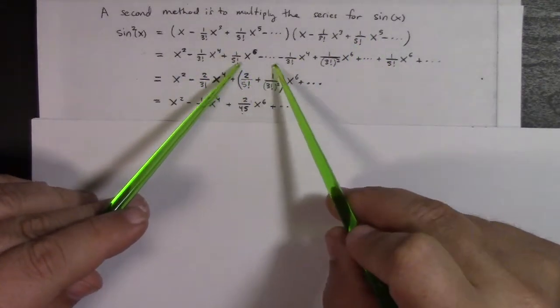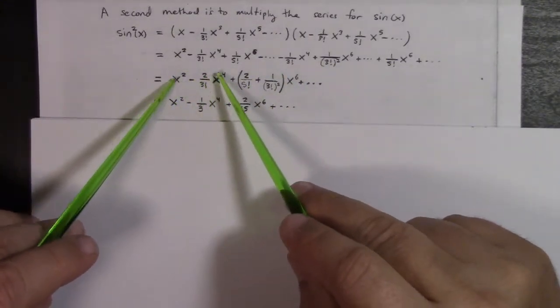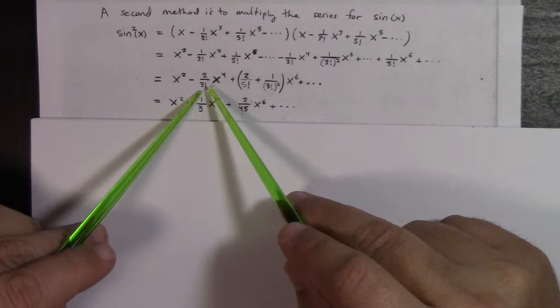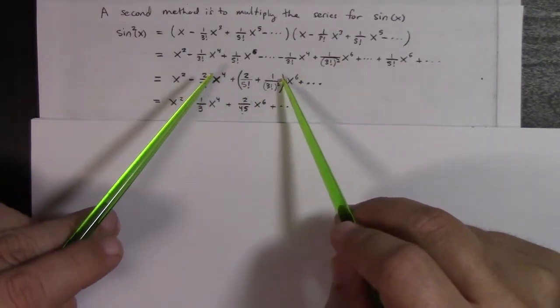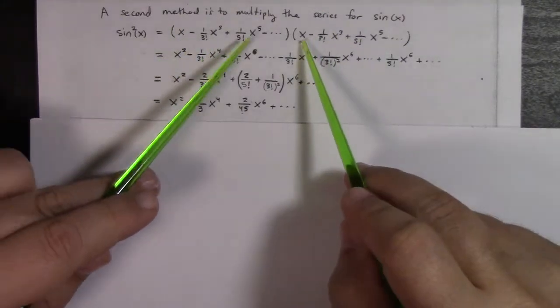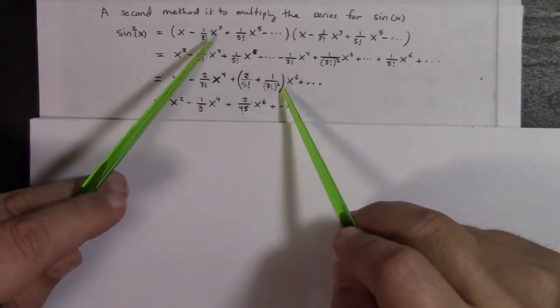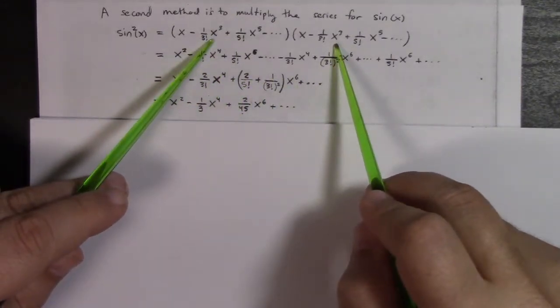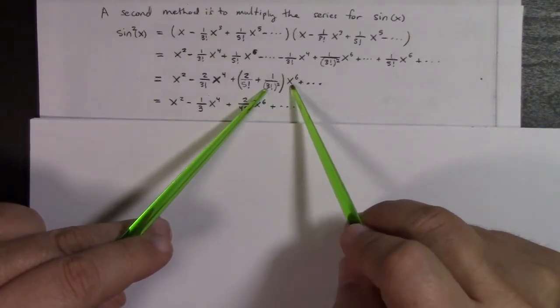Anyway, multiplying it out, collecting like terms, we get x squared. We got two copies of 1 over 3 factorial with a minus. For the x to the sixth, I get this x times that, and I also get that x times that, which gives me 2 over 5 factorial. But I also get the cube times the cube, which gives me a minus 1 over 3 factorial squared, and x to the sixth.